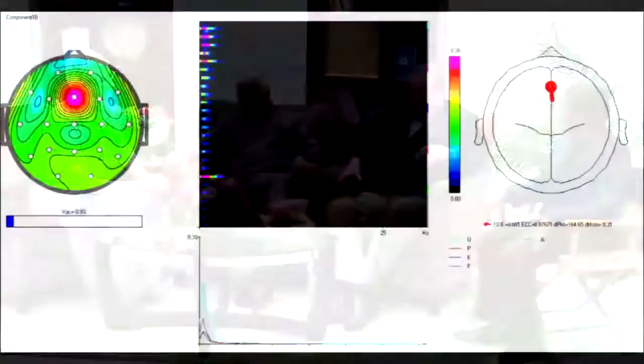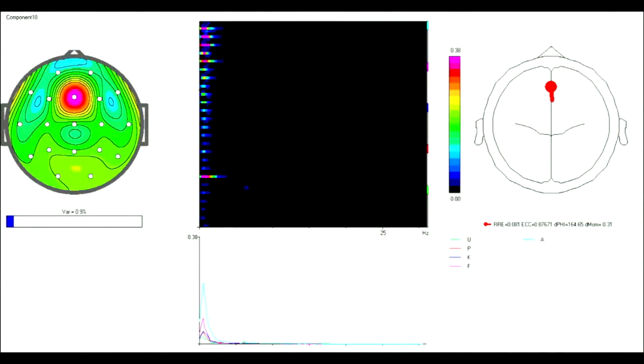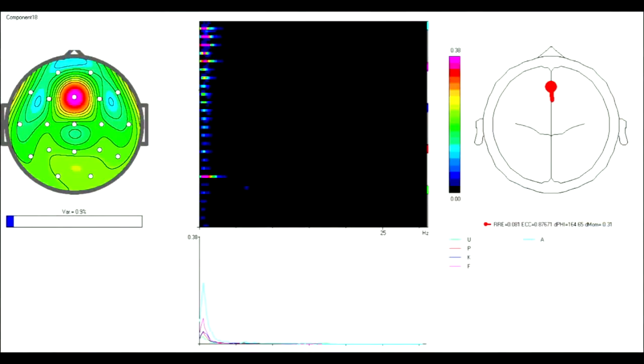So it's deep, and it's totally unrelated to sound. So my first impression was not a highly likely component to see any difference in. But the cingulate literally showed the difference between each of the individual sounds, which we did not expect.